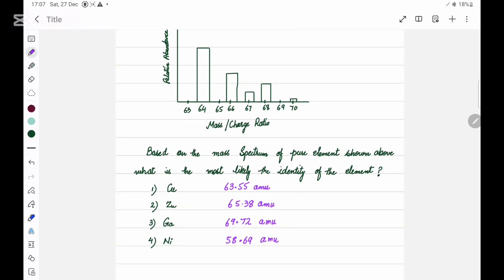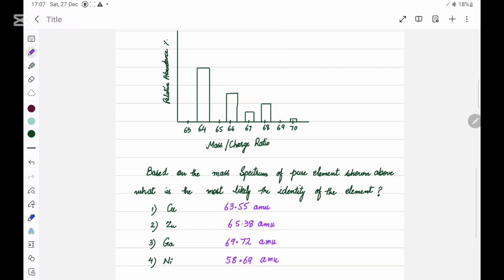First of all, we must know that the average atomic mass of the element should be between the highest abundance and the lowest abundance. This is the highest abundance, and it has atomic mass 64, and this is the lowest abundance, that is 70. So the average atomic mass should lie between these values.